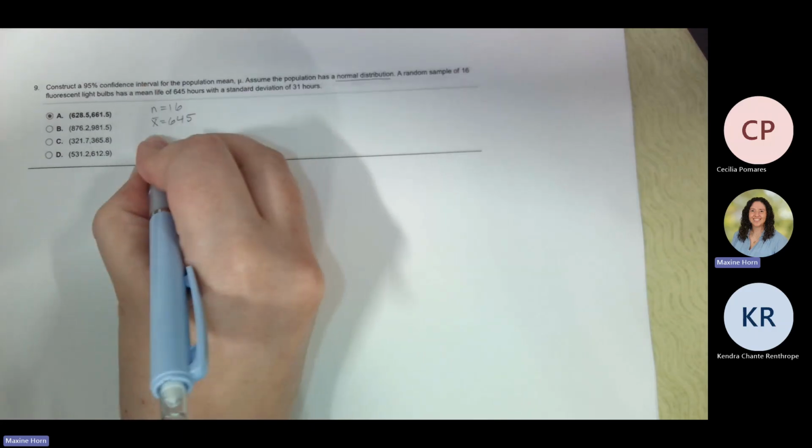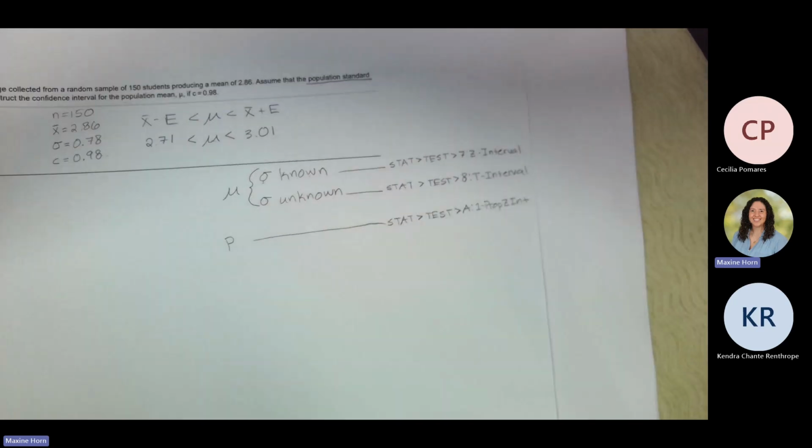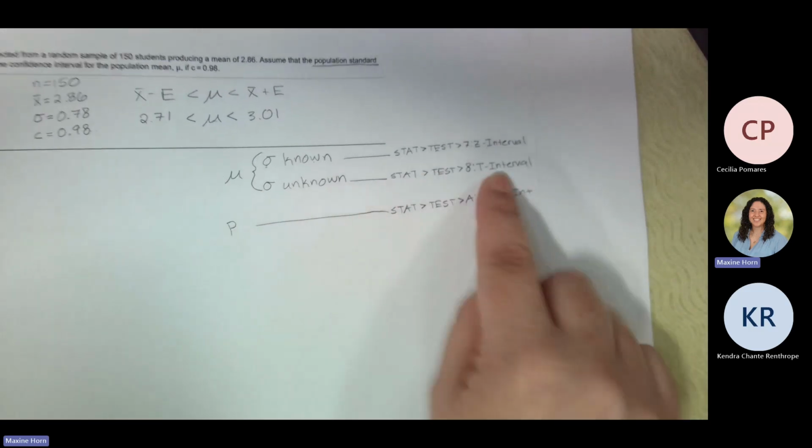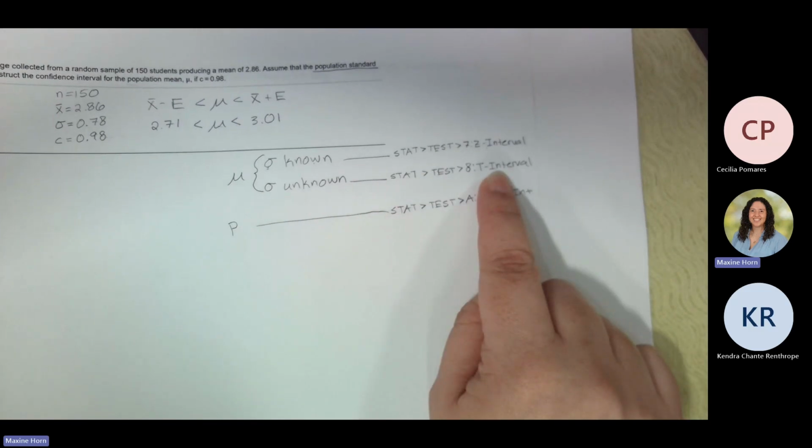Well, that's sample standard deviation. That's s, right? Because it was that sample that had a standard deviation of 31 hours. So going back to what we said here at the beginning, our population standard deviation is unknown, so we have to use a t interval.